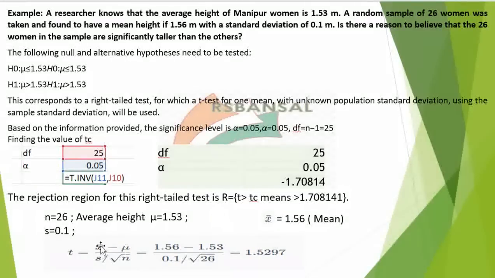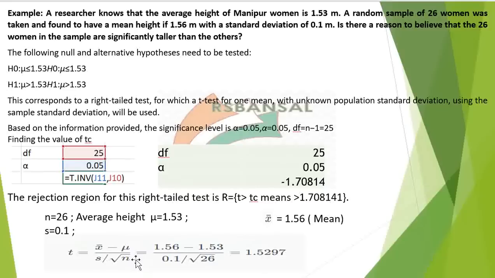Then you find the value of T. The formula for T is x bar minus mu divided by S divided by the square root of n. X bar is the mean height of the sample, which is 1.56 meters. Mu is the average height of the previous data, which is 1.53. S is the standard deviation, given as 0.1.